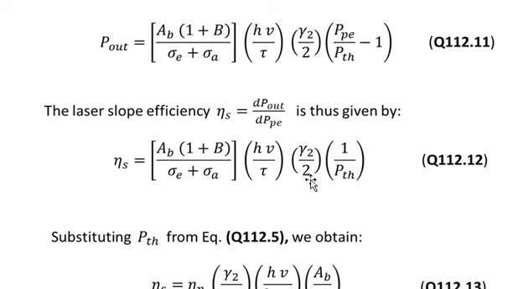The rest of the terms are independent of PPE, so they stay constant. So eta S is equal to the square bracket containing AB times (1 plus B over sigma E plus sigma A), then a parenthesis h nu over tau, another parenthesis gamma 2 over 2, and another parenthesis containing 1 over P threshold.